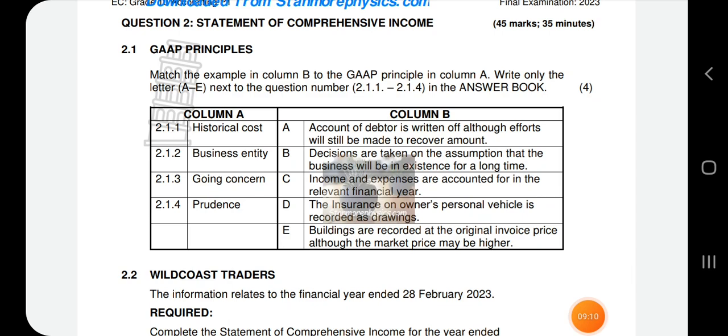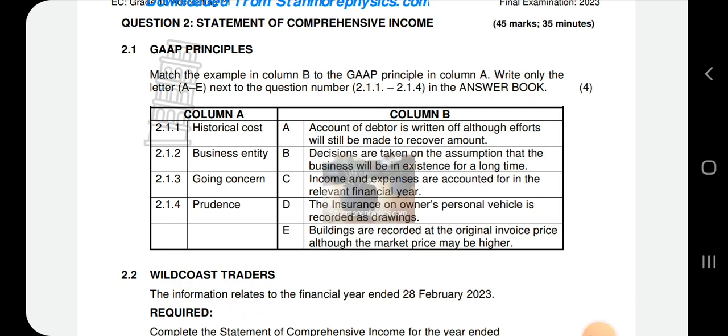The business entity rule says the affairs of the owner and the business should be kept separate. So we need to look for that. An account of a debtor is written off, although efforts will be made to recover the amount. No. Decisions are taken on the assumption that the business will be in existence for a long time.